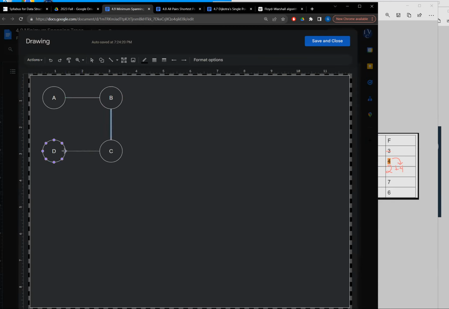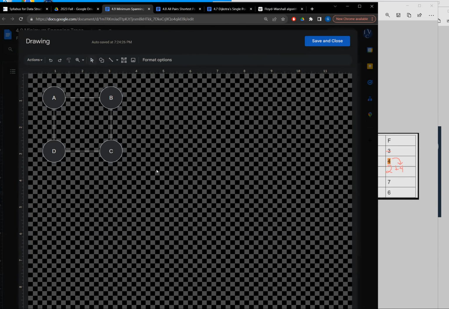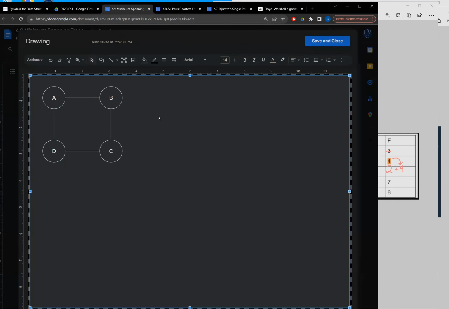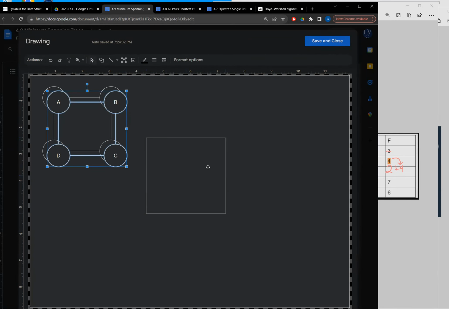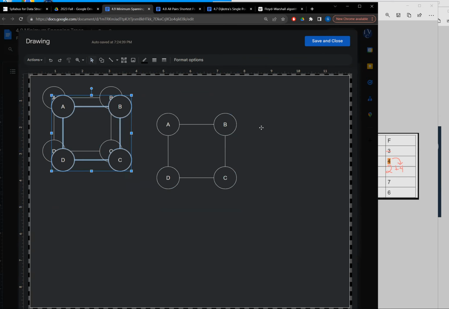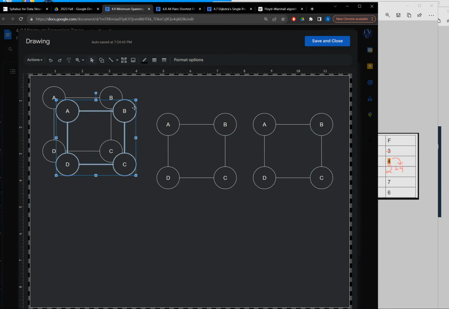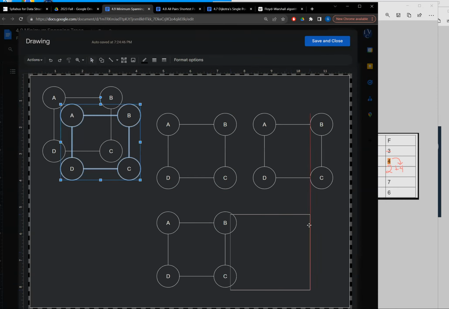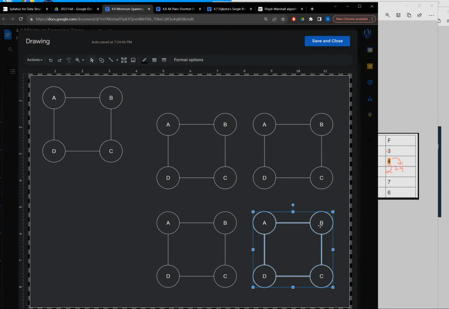So let's say we have a simple C4 graph here. There are 4 possible spanning trees that we could create for this graph.